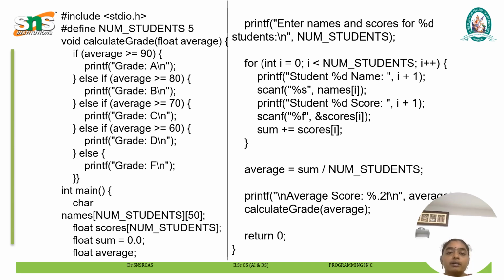To get the name and score from the user, we use a for loop to get the input from the user for 5 students. Then we calculate the average, that is, the sum of the scores divided by the number of students, and then call the calculate grade function to find the grade. Now suppose, for example, your average is 80, then grade B is displayed.